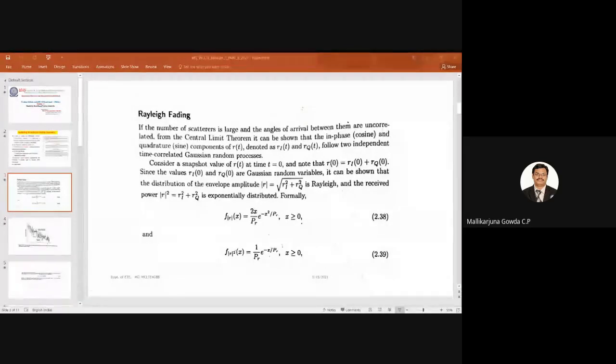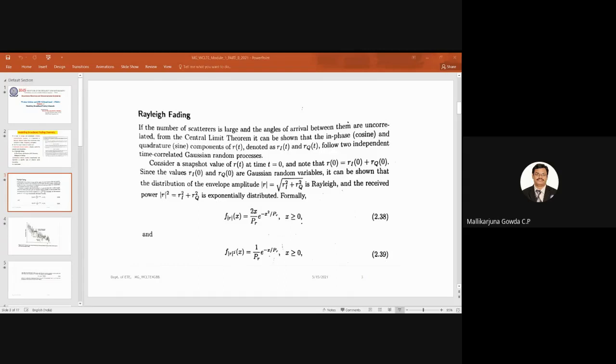R mod square, which is equal to R square I plus R square Q, and the power will be exponentially distributed. Two things are there here: one is the amplitude, the second is the power. So the amplitude distribution is Rayleigh and the power distribution is exponential. Hope I am conveying what I wanted to convey.